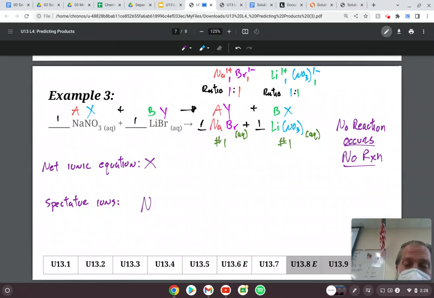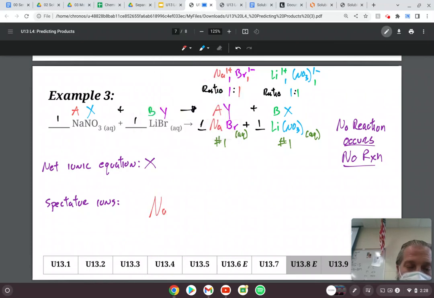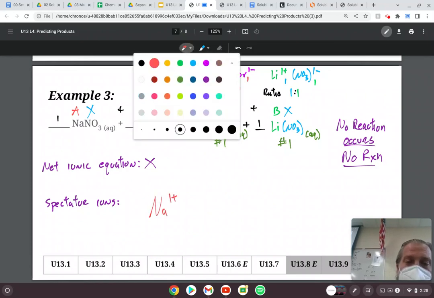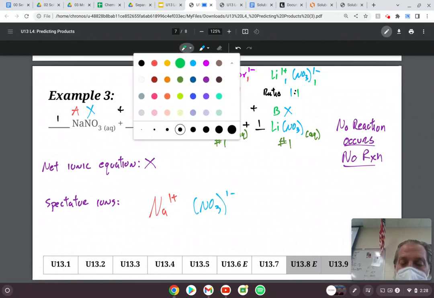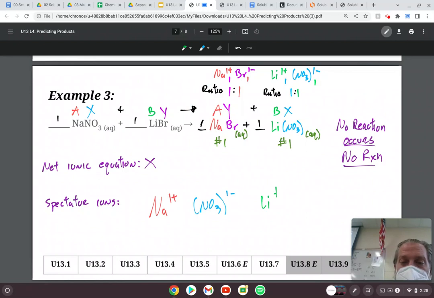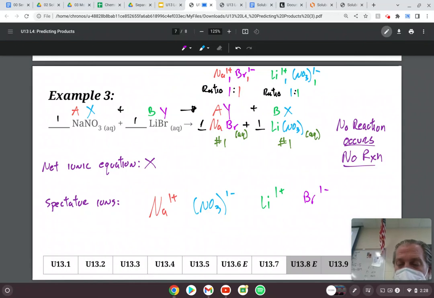So I have Na, which is a +1. I have NO3, which is a -1. I have Li, which is a +1. And I have Br, which is a -1.